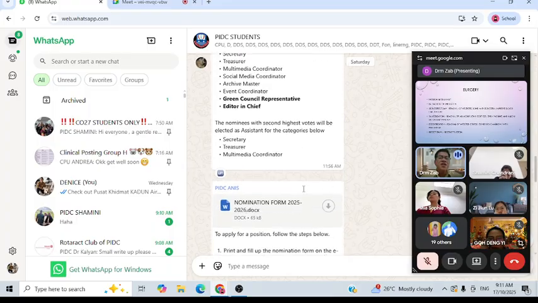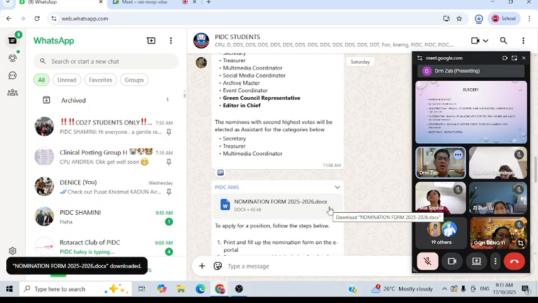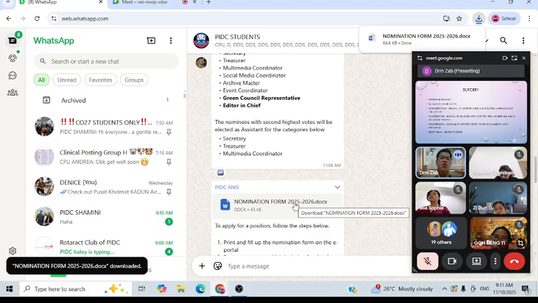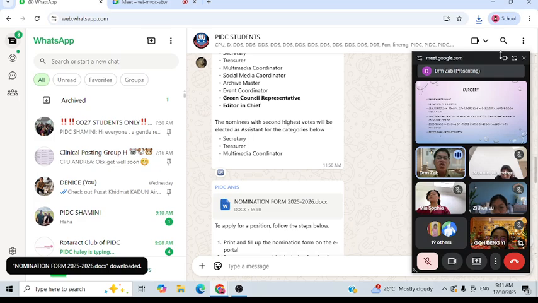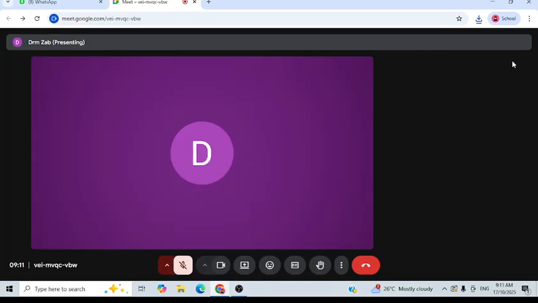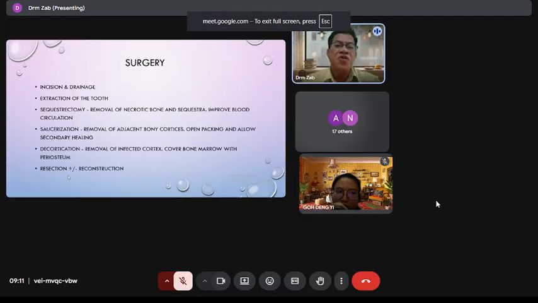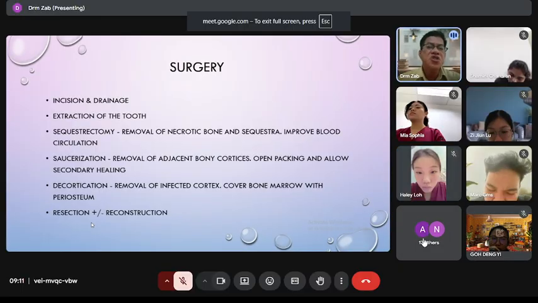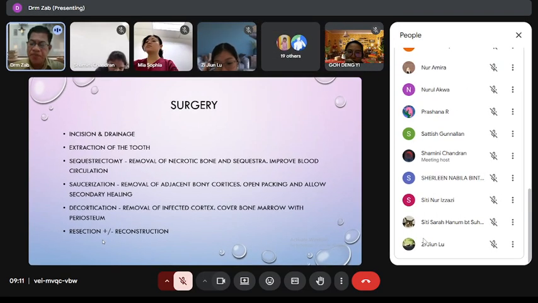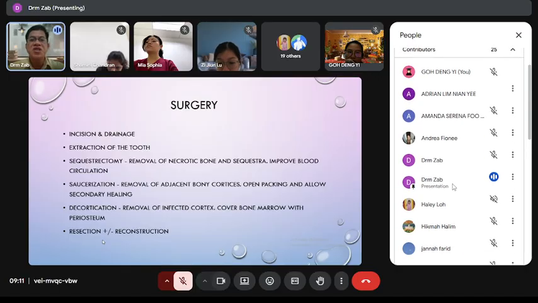So for a very severe case, you may need to resect the jaw and then reconstruct, because if you resect and don't reconstruct, the jaw cannot move together, so there is no continuity of the jaw. You can either put a long titanium reconstruction plate, or you can put an autogenous bone graft, for example a fibula graft, which is secured by a titanium plate. Okay, so that is how we do surgery.